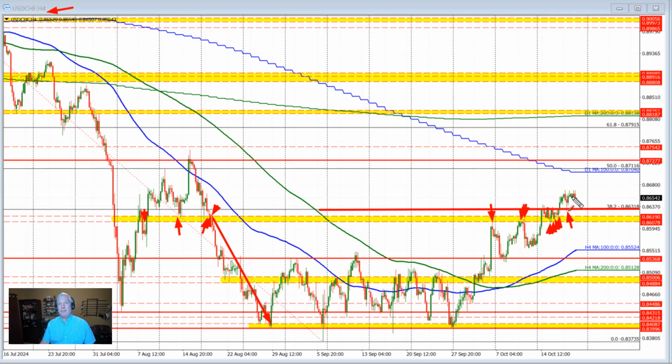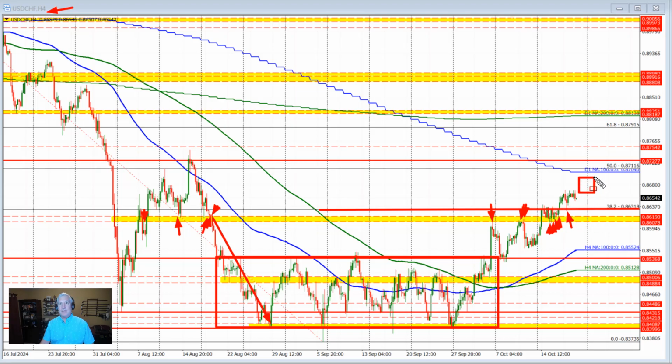Admittedly, this whole corrective move to the upside is not necessarily a sprint. And remember, it all started back here where we were sitting in this non-trending range right through here. So we have seen a move to the upside, but getting above the 38.2% retracement was a chore. We are now above it.